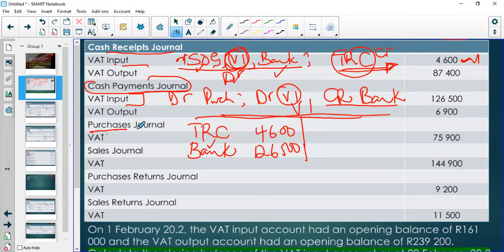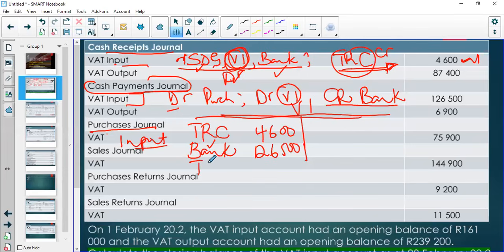Then we come to a purchases journal. We know that a purchases journal is going to have VAT input, right? And so what happens is that we bought on credit. So we're going to debit VAT, we're going to debit purchases, right? Then we're going to credit trade payables control.